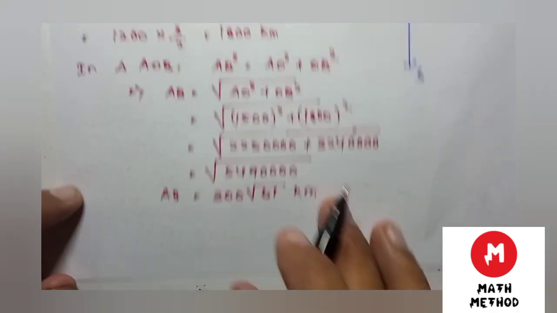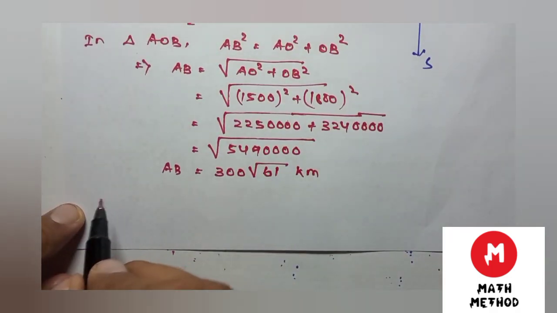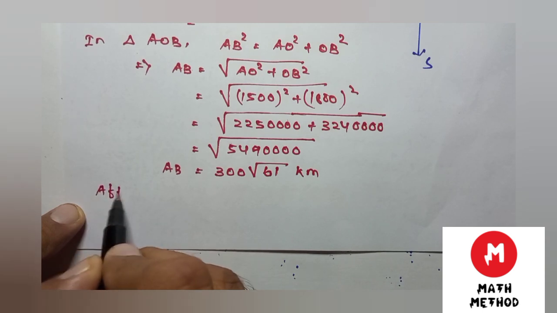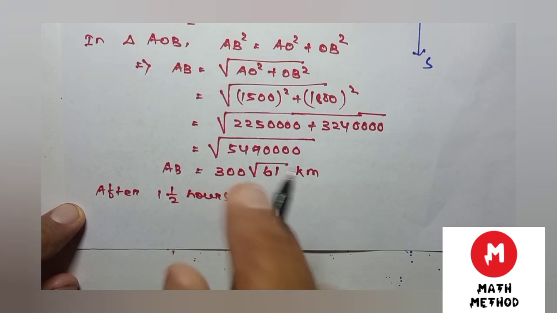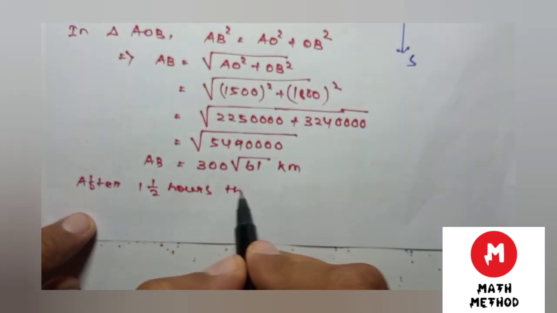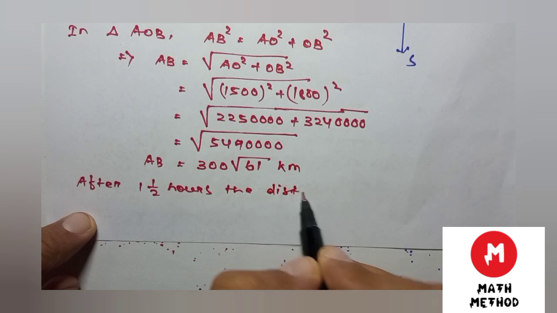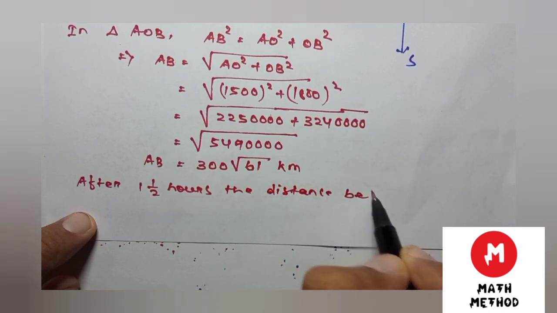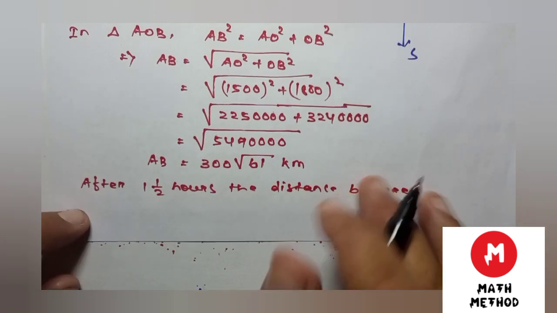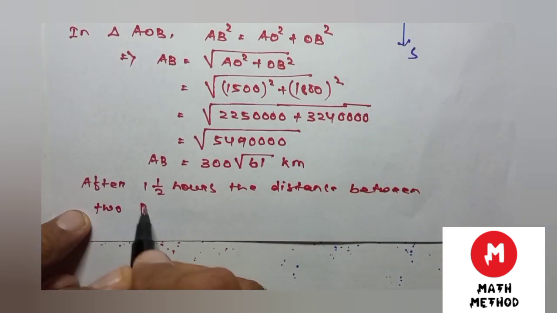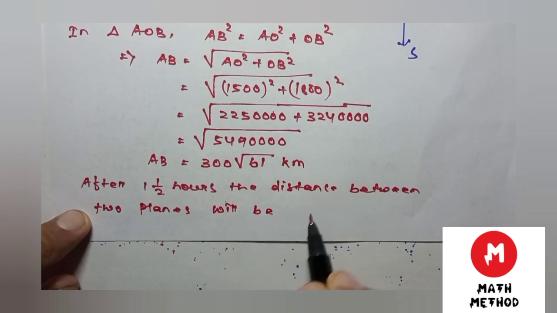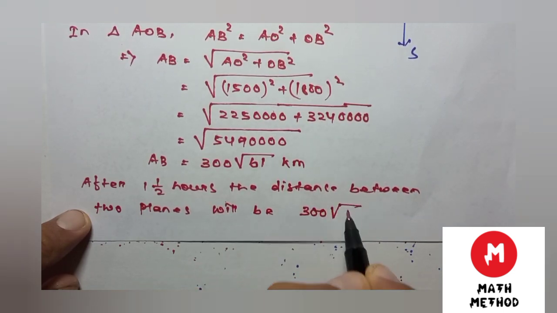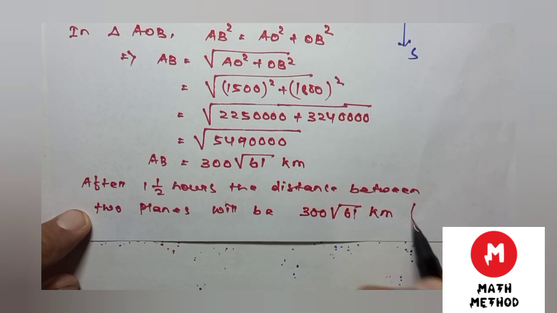So hence after 1.5 hours, the distance between two planes will be 300 root 61 kilometers, which is our answer. You have to solve like this.